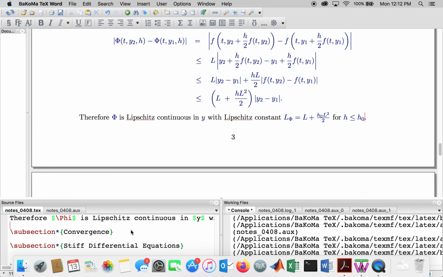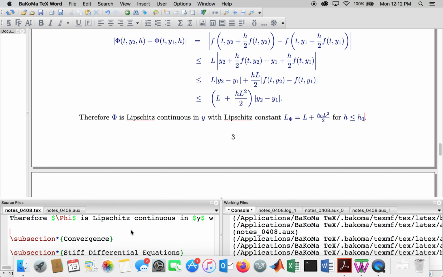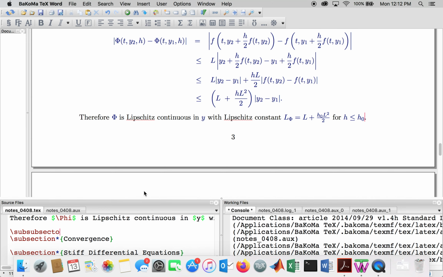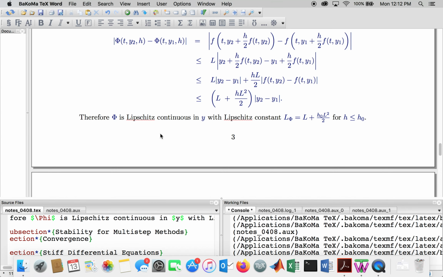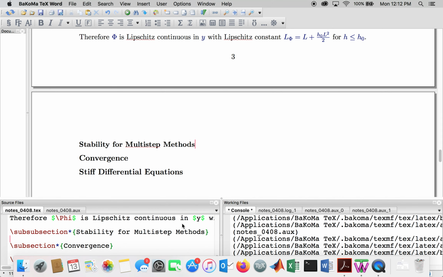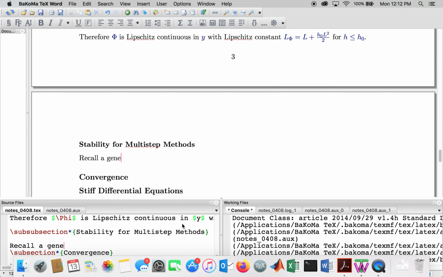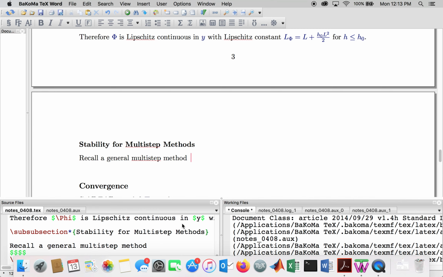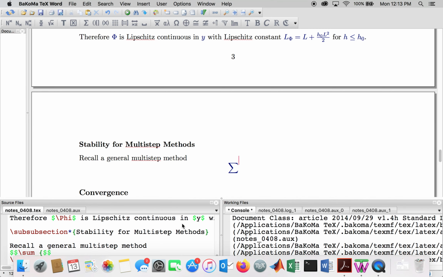So fortunately, there's a simple way to check that also. All right, so stability for multi-step methods. Let's put up a form of a general multi-step method, so I can refer to it.